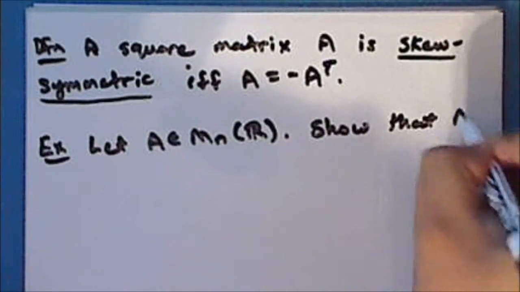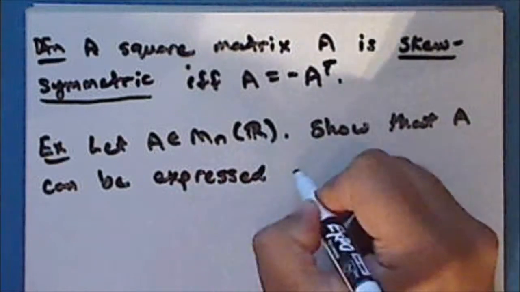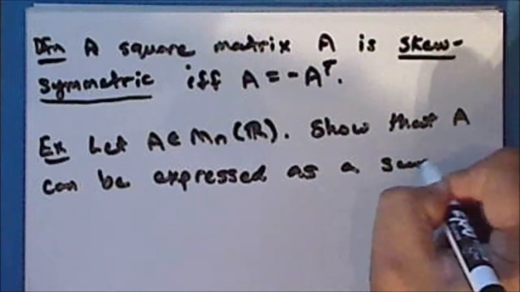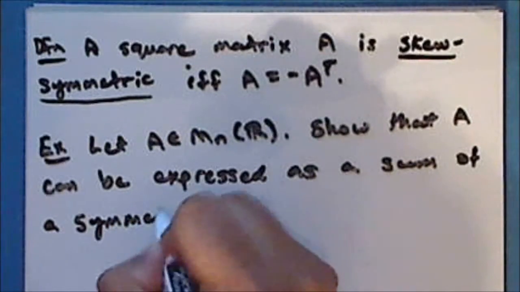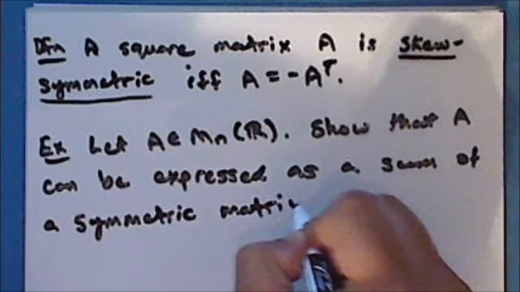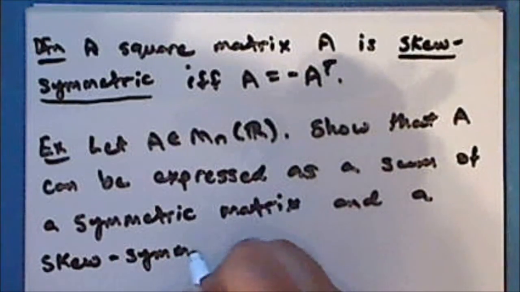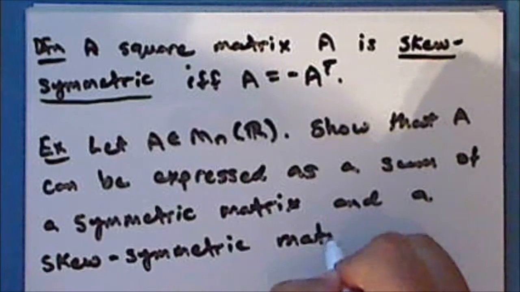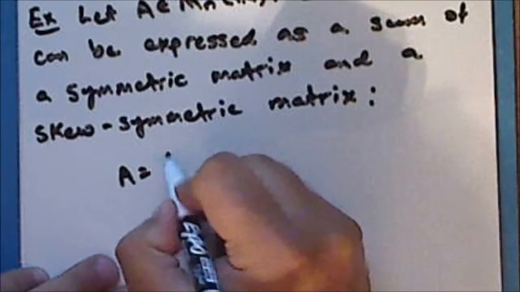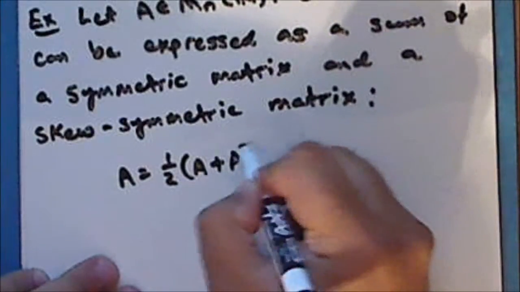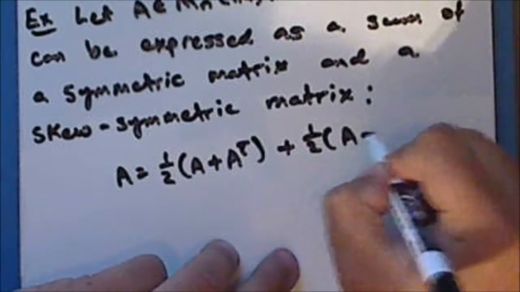Show that A can be expressed as a sum of a symmetric matrix and a skew-symmetric matrix of the form A is equal to 1/2 the sum of A and its transpose plus 1/2 the difference of A and its transpose.